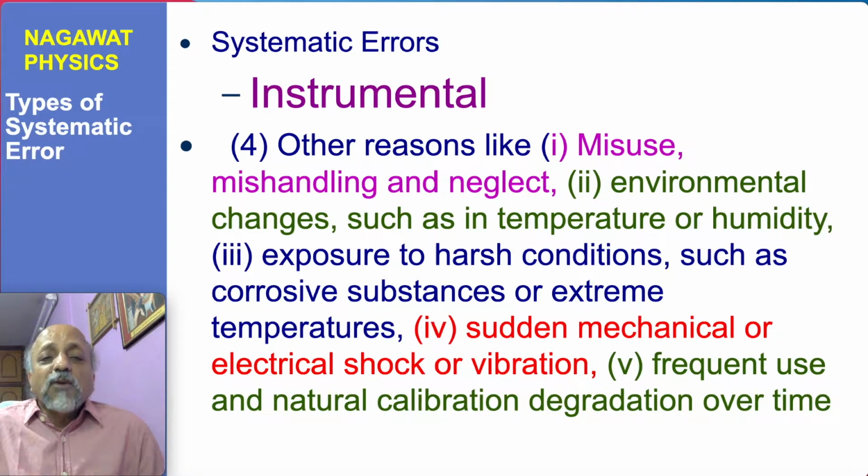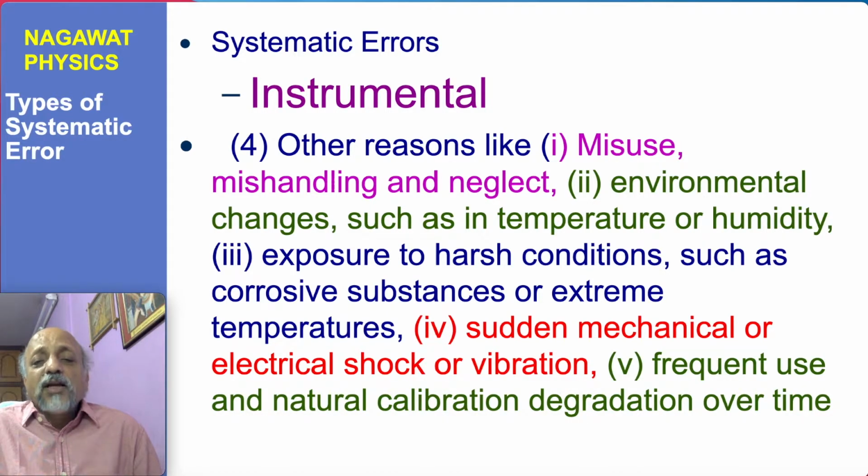The fourth type of instrumental systematic error which I am now describing is of several types. There are many reasons which can cause instrumental errors, like misuse or mishandling and neglect of the instruments. If you use an instrument in an improper manner, not following the protocol, not handling the instruments properly, not doing what is required to be done, then you are neglecting certain aspects of the measurement, and you are bound to get certain instrumental error.